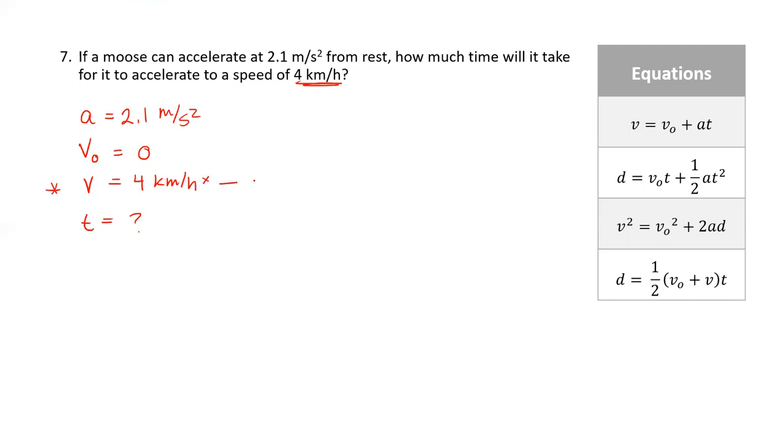So the biggest thing is we need to convert velocity. So let's multiply by, get rid of kilometers, multiply 1,000, and then we want to turn the hours into seconds. So we're going to end up dividing by 3.6.